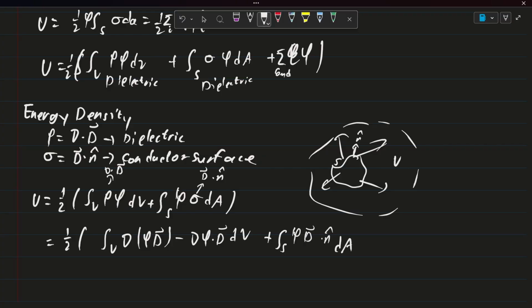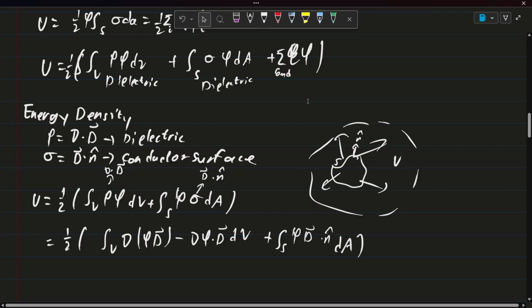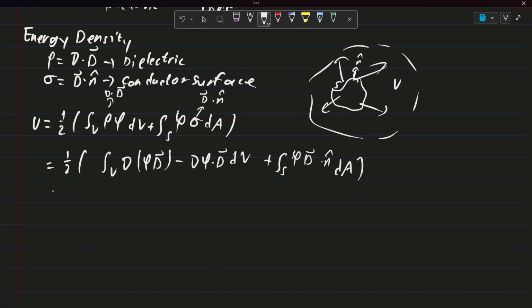dA. So what we can see here is that this front side here, this could be separated into two different integrals. So the first side is the integral of the divergence. And if you know about the Stokes law, this would be the same thing as the integral of the surface plus the surface prime, where surface prime is the outside here, of phi D vector dot n hat prime.